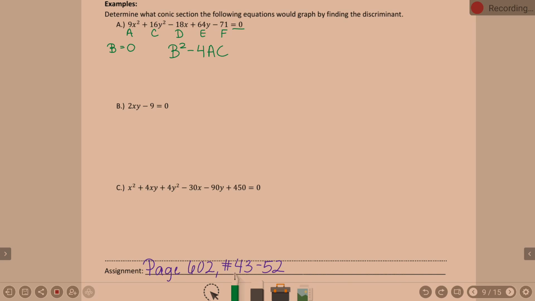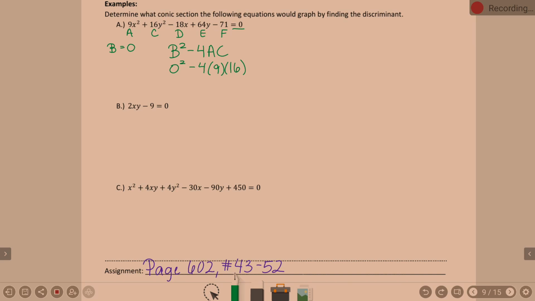So B is 0. 0 squared minus 4 times A, which is 9, times C, which is 16. Forgot to mention, you might want your calculators by your side. And 0 squared minus 4 times 9 times 16.